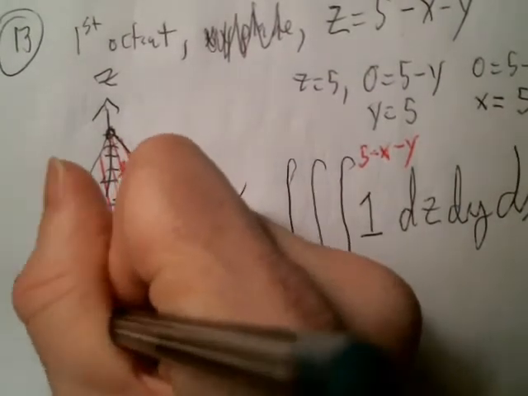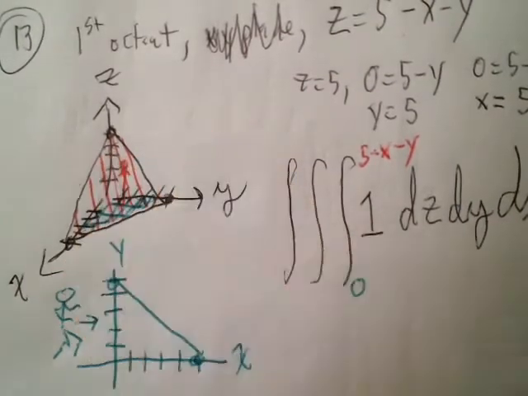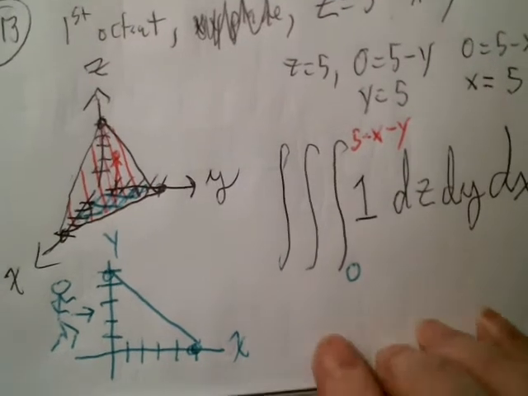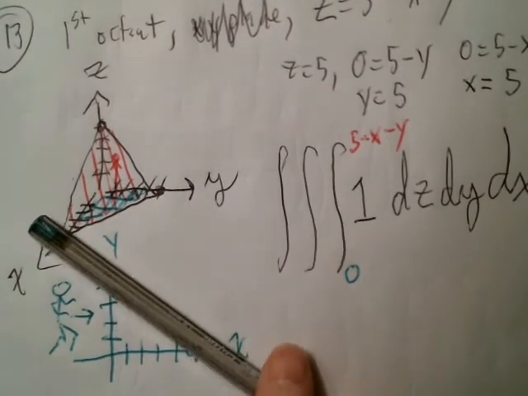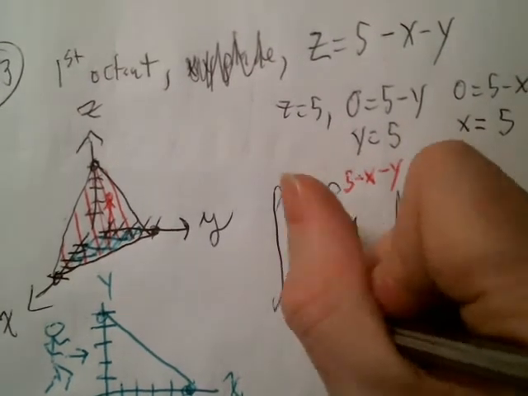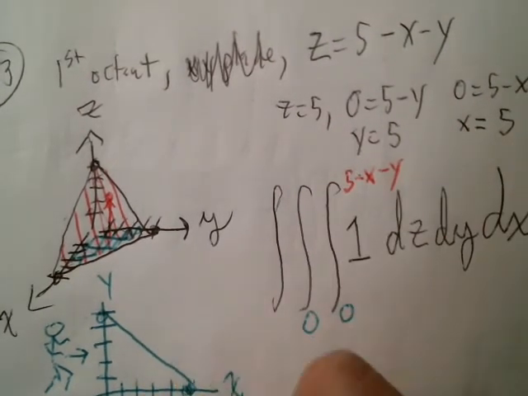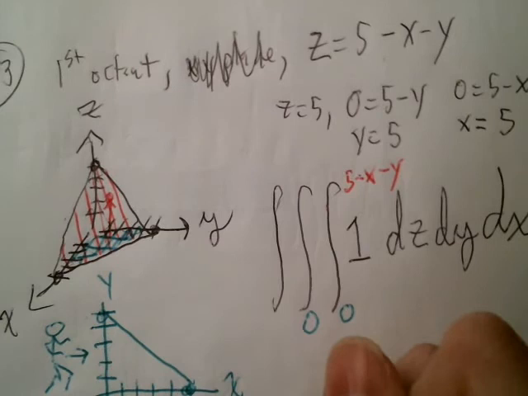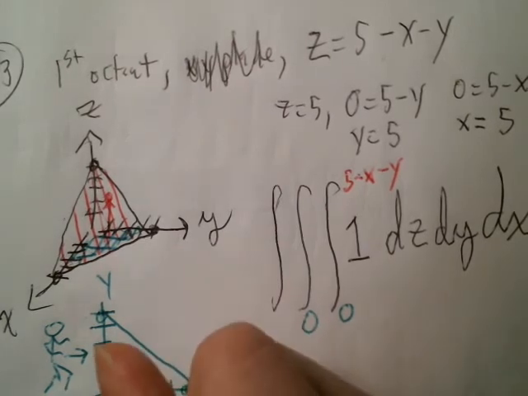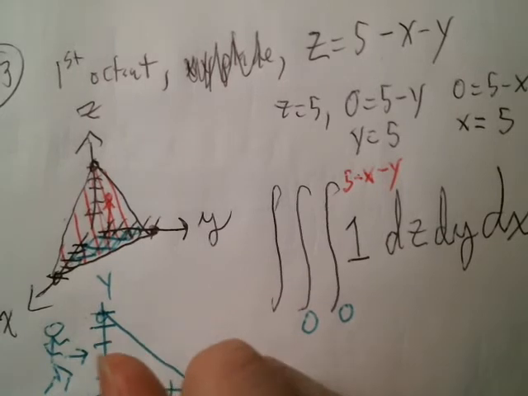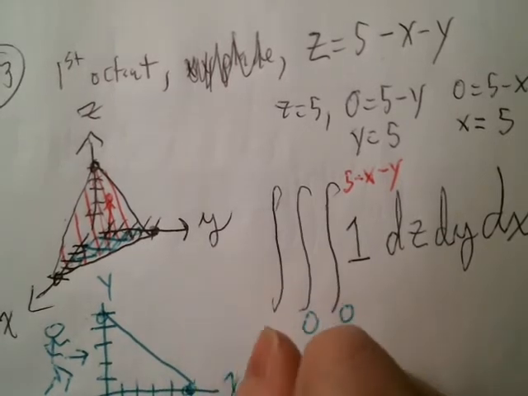It's the standard orientation. The Riemann man is going in that direction. So I'm going from y equals 0 to y equals that line. It has intercepts at 0, 5, and 5, 0. So the equation is going to be y equals 5 minus x.